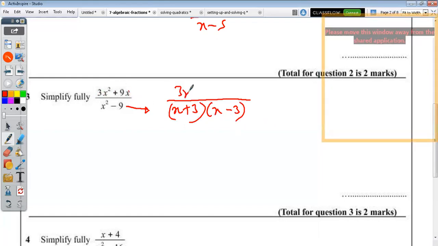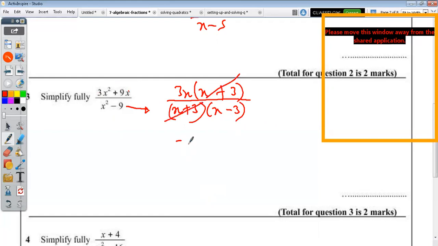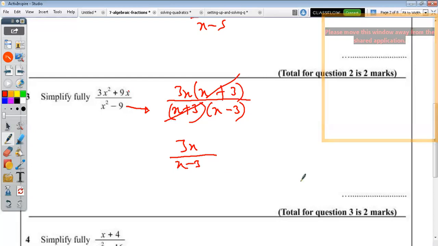So 3x divided by 3x. Then into this, x plus 3, because if you multiply this, you go exactly back to that. Then that into that. So we end up simply having 3x over x minus 3. Clear? Yes, sir. Okay.